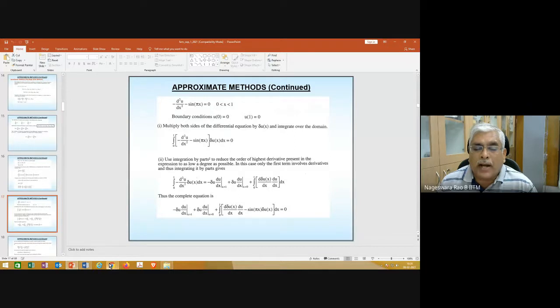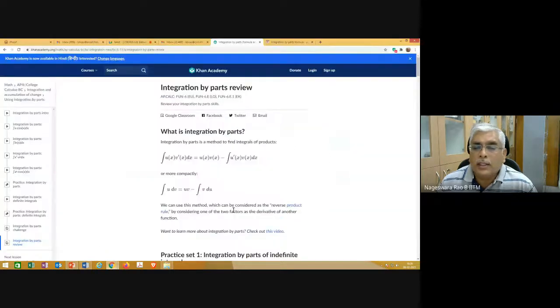So coming back to this formula, u is variation of u, v prime is the second derivative of u with respect to x. Now you apply this formula. And when you have limits of integration specified, this product needs to be evaluated at the upper limit minus the lower limit.